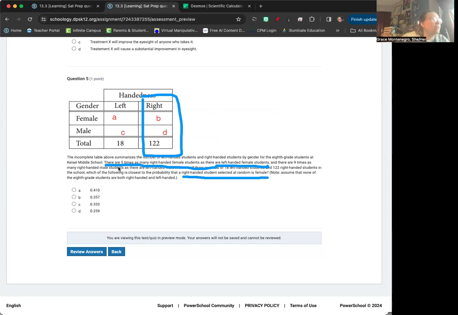So let's translate this sentence. There are 5 times as many right-handed female students as there are left-handed female students. So that means if we multiplied the number of left-handed female students, which is A, we multiplied A by 5, it would equal B.